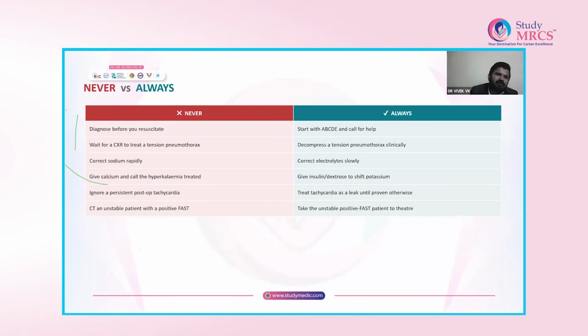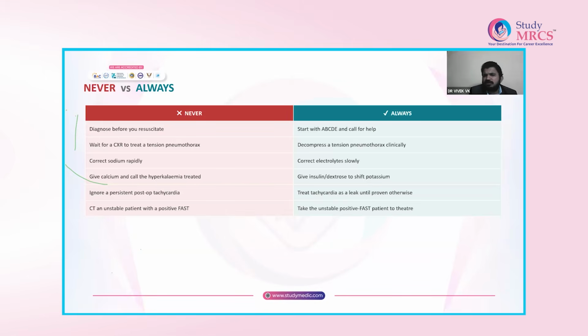Never order a CT scan in an unstable patient with positive FAST. So you have to always start ABCD and call for help. You have to decompress the tension pneumothorax clinically. Do not wait for a chest X-ray. Correct electrolytes slowly.